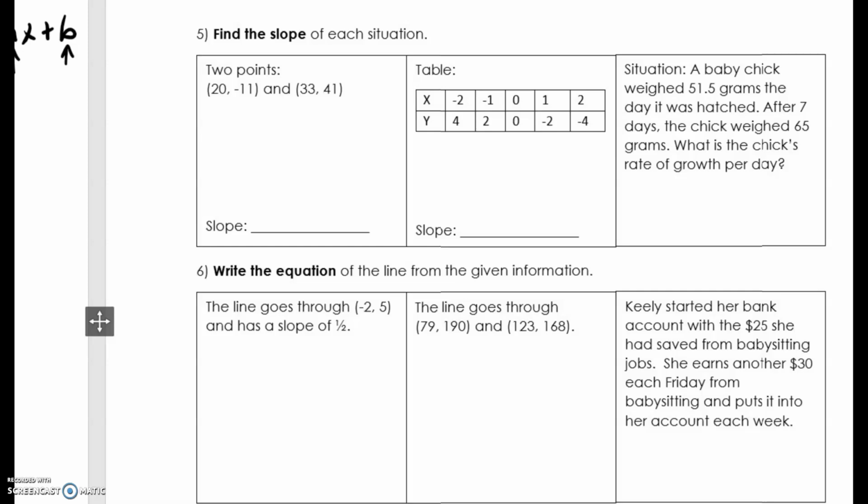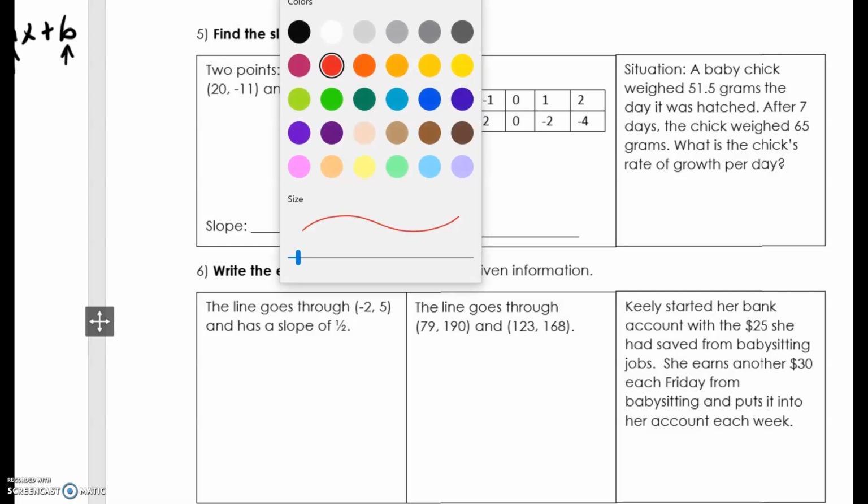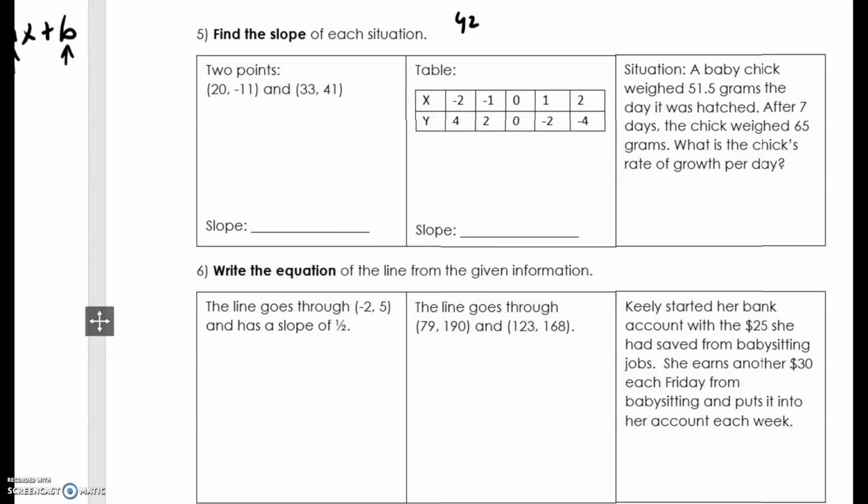Find the slope. So to find the slope, I'm going to use our equation, y2 minus y1 over x2 minus x1. So the change in y's over change in x's. 41 minus negative 11 over 33 minus 20.